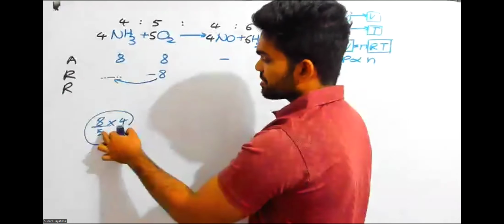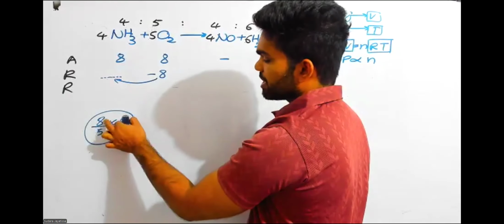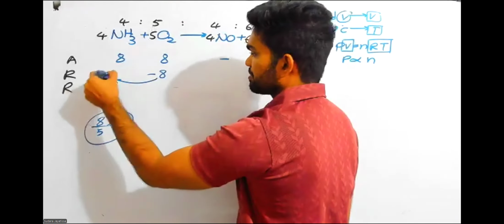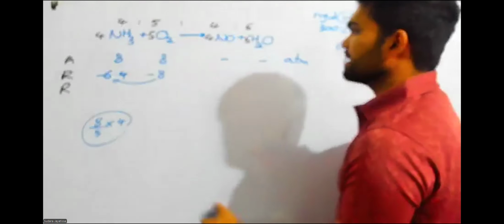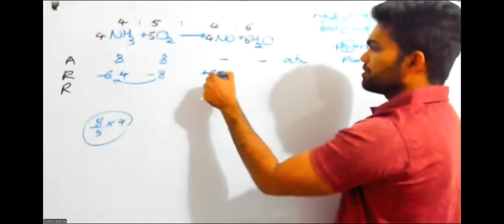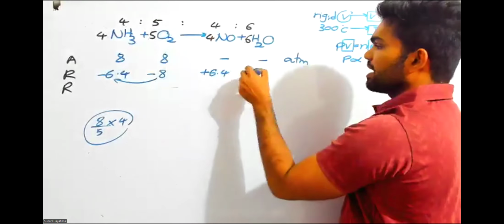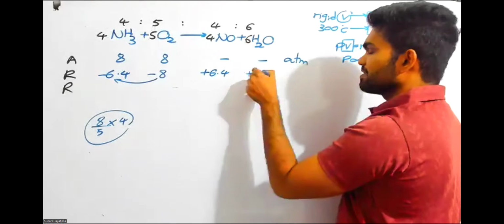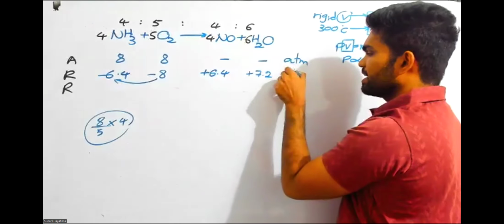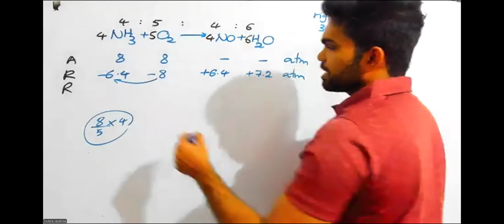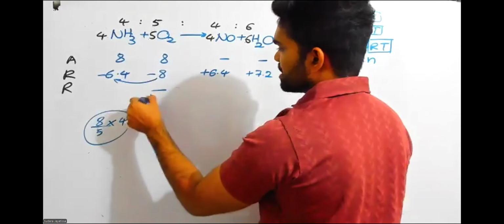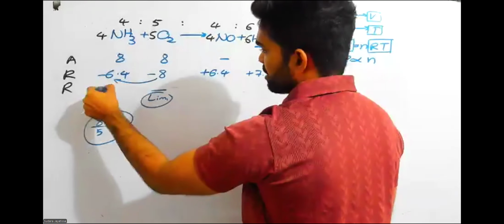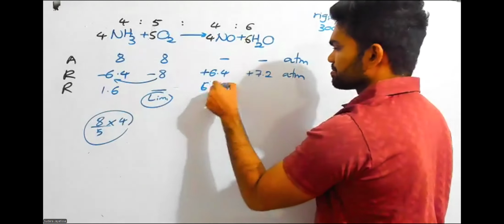If you divide, it will be 1.6, and 1.6 into 4 is 6.4. Here 6.4 will be for NO because it is the same form. And here it is 1.6 into 6, 7.2 atm. The remaining, nothing remains for the limiting reactant, and here 1.6 will be remaining.